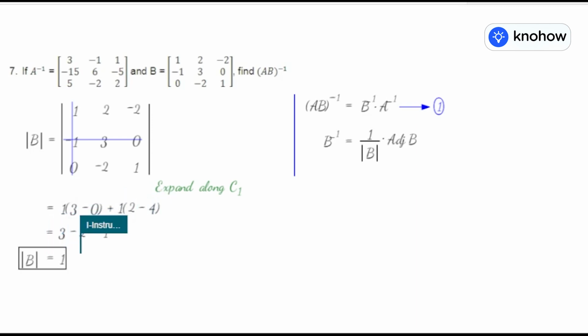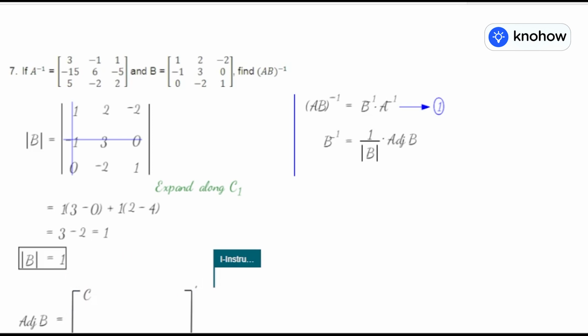This we will substitute when we write the value of B inverse. And now let us start finding adjoint B. How do you find adjoint of a matrix? It is the transpose of the cofactor matrix.